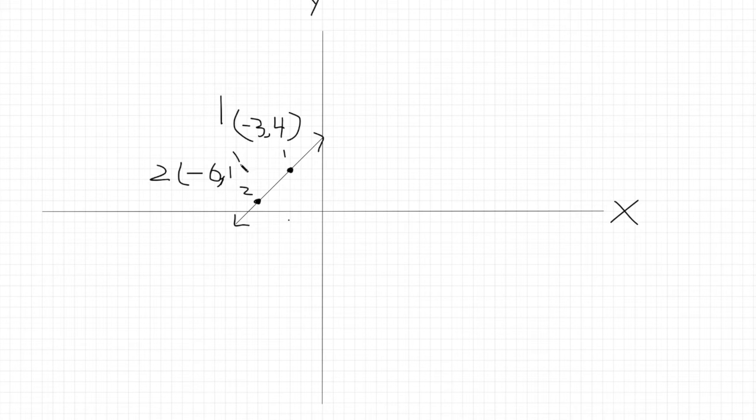So now we have the coordinates of each one, and we're going to be using my magic formula to find the slope. y2 minus y1 divided by x2 minus x1.